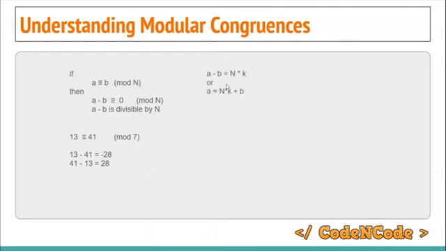Now we know if a minus b is divisible by n, then we can write a minus b is equal to n times k, where k is some integer, can be positive or negative, or even can be 0. Now if you manipulate the equation, you can write it as a is equal to n times k plus b. This is an important equation.